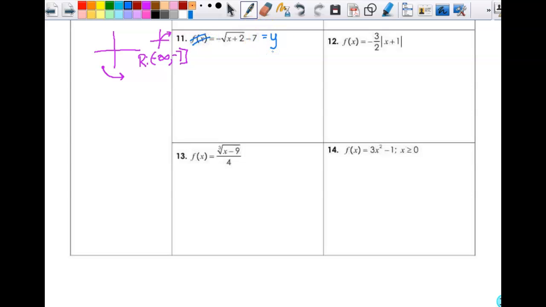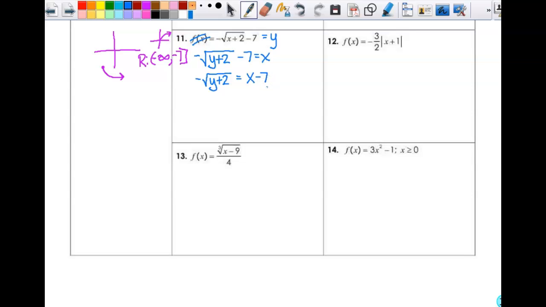Make that equal to y. So that'll give me negative square root of y plus 2 minus 7 equals x. All right, so I'm going to add 7 to both sides. I'm going to get negative square root of y plus 2 equals x minus 7.